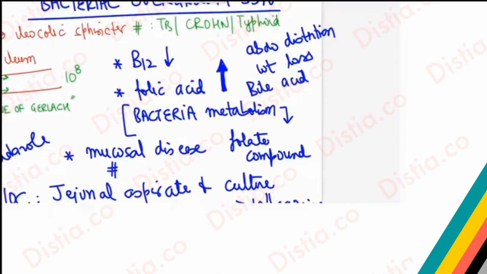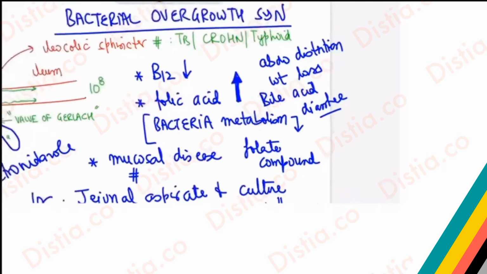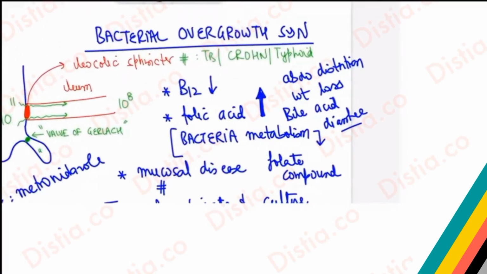You are aware that when it comes to metabolism of bile acids, bile acids are reabsorbed in the terminal ileum, and if the terminal ileum mucosa is hampered, then the bile acid metabolism is also distorted. So bile acid diarrhea is a feature that can be seen with bacterial overgrowth syndrome.